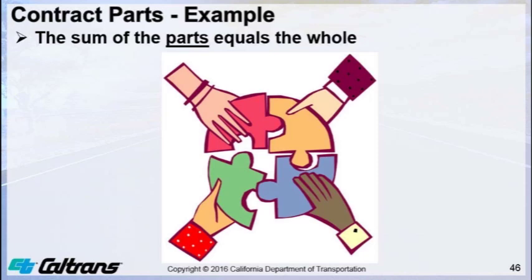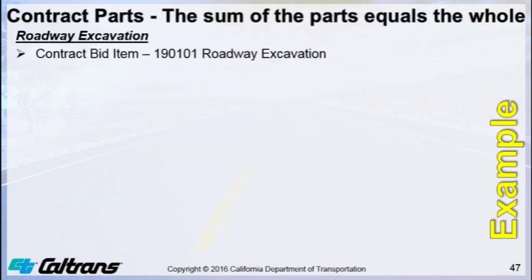Let's put all the contract parts together with an example of roadway excavation. Now let us take a look at the roadway excavation example, contract bid item 190101.